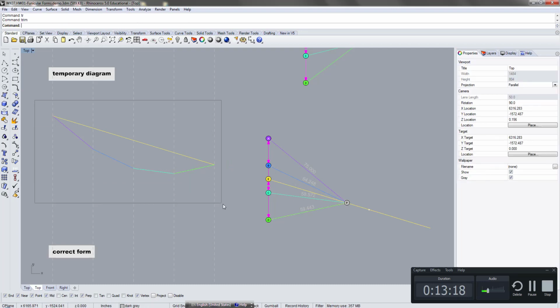So this would be the correct force polygon for the given condition.